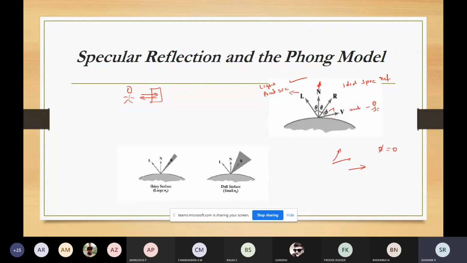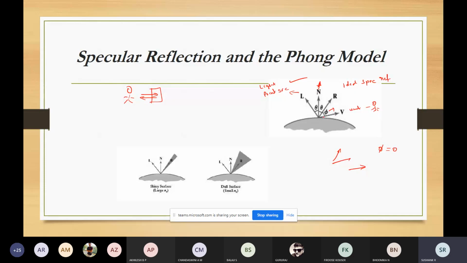In the case of mirrors, you know that whatever light is falling will get reflected in the specular direction only. That scenario happens when the angle between these two vectors, vector R, the unit vector direction for ideal specular reflection, and vector V, the unit vector direction towards the viewer, is 0. In the case of a mirror, the angle between V and R will be 0.